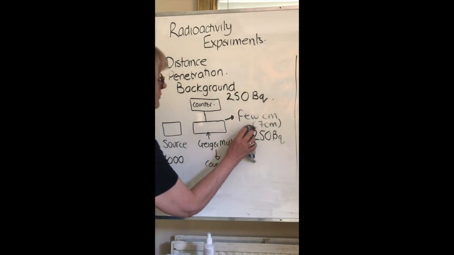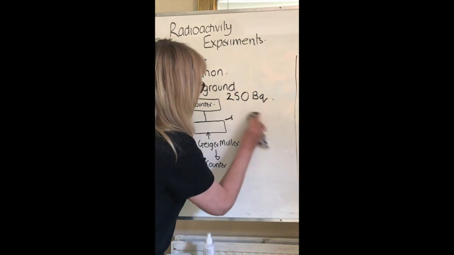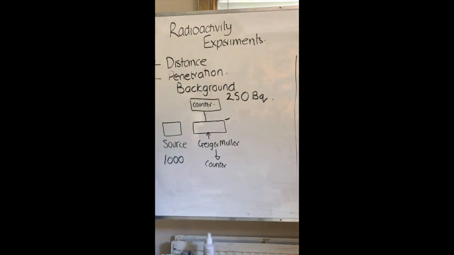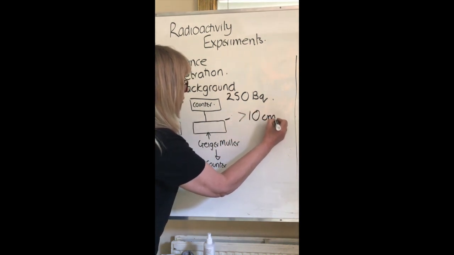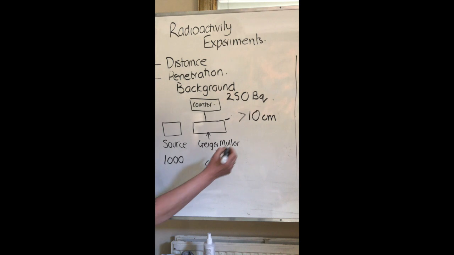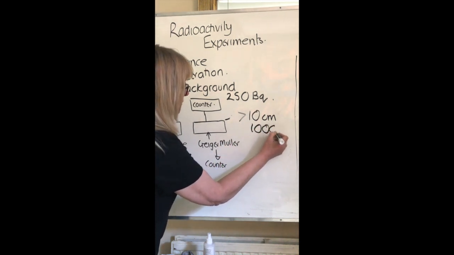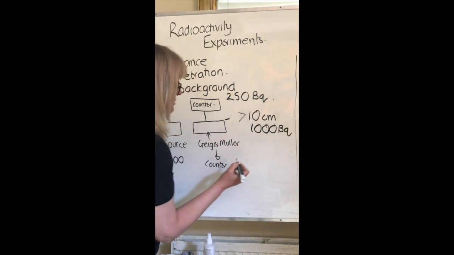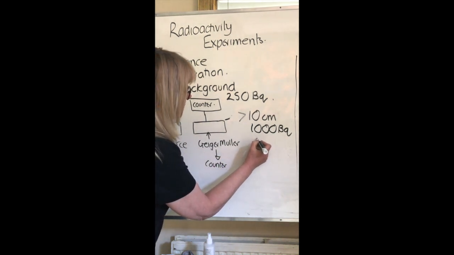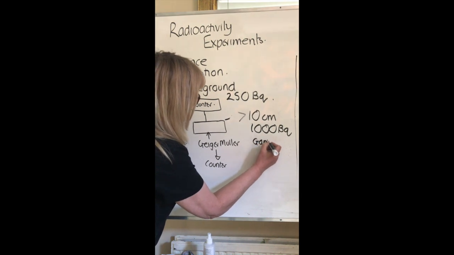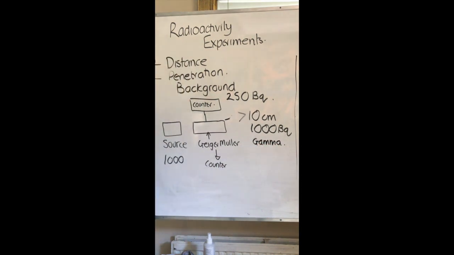And then if we move the tube further than a few centimetres away and we're still getting radiation, after about 10 centimetres, if we've still got a high radiation dose, we know that we've got gamma radiation.